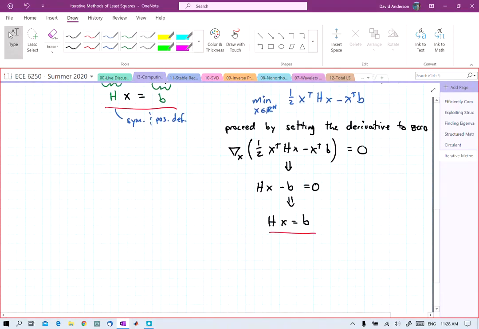So let's define right now, as a way of understanding this, a one-dimensional example.